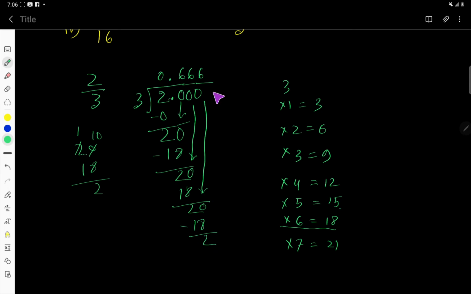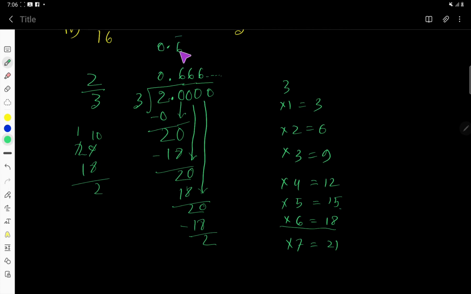So if you take more 0s here, this division process will continue. That is, 3 doesn't divide 2 evenly, right? So look, 6, 6, 6, this 6 is repeating, so we can write the answer like this, 0.6 bar.